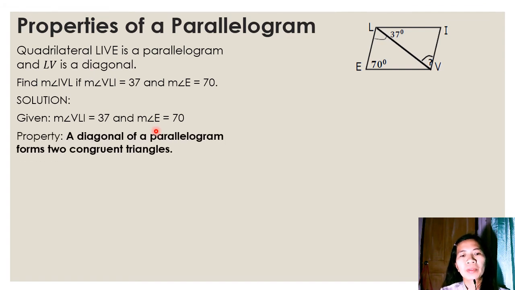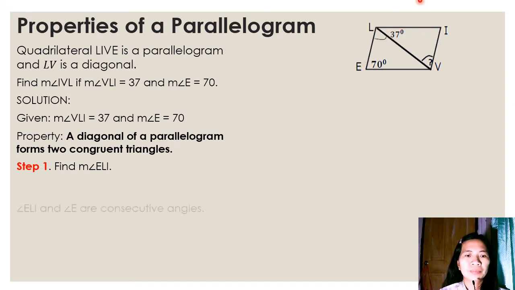Then we will use the property that a diagonal of a parallelogram forms two congruent triangles. So what are our congruent triangles? We have triangle LEV and triangle VIL. Now find the measure of angle ELI.